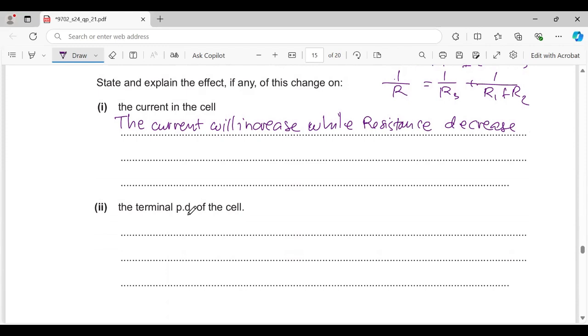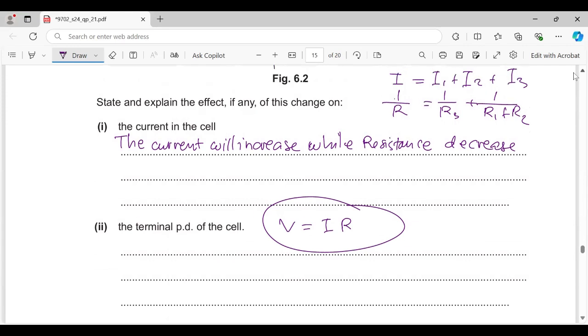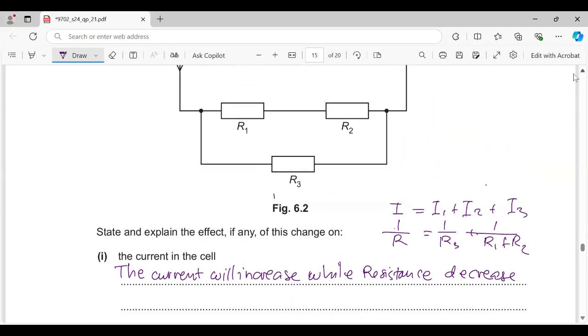The terminal potential difference. What happens with the potential difference of the cell? As you know, the formula is V equals I times R. The potential difference across the internal resistance will be increased, and this one will be increased as well.